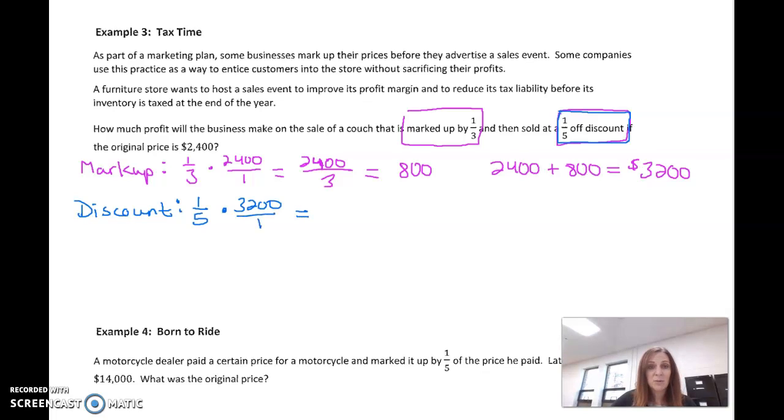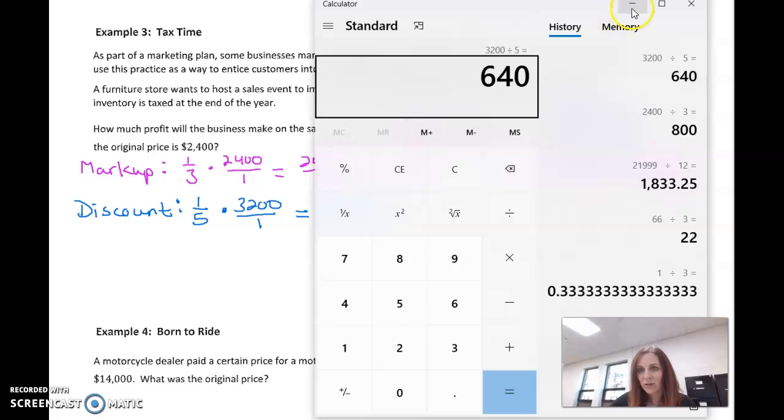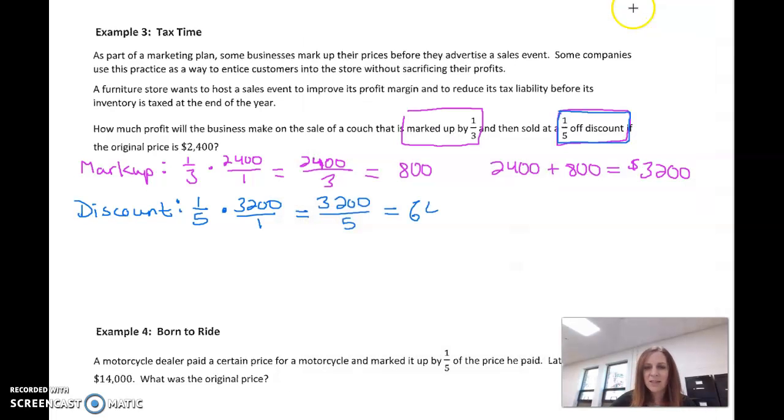And if I go 1 times 3,200 and 5 times 1, and when you divide that, $640. So the discount is $640. Doesn't mean that's what they're selling it to you for. That means that's the price they're going to reduce it.